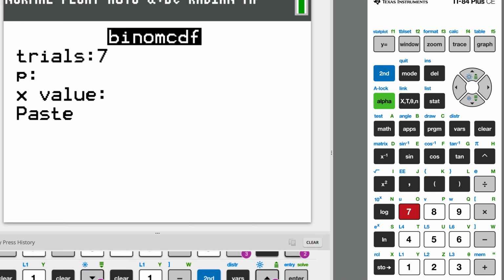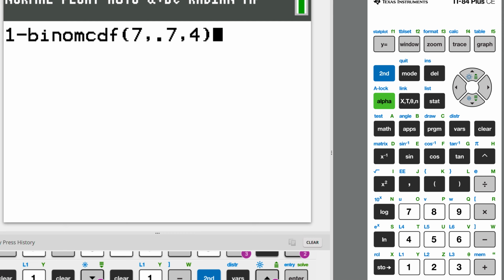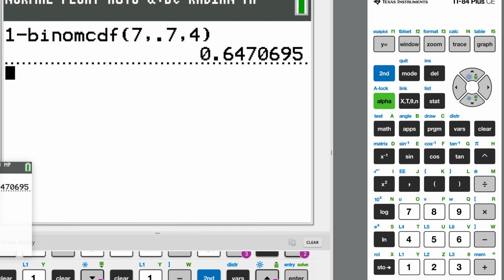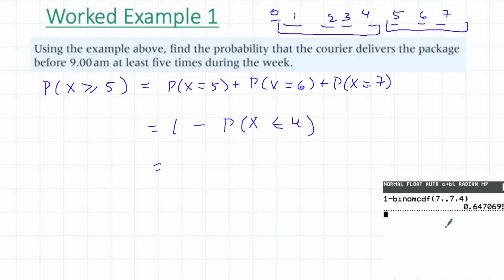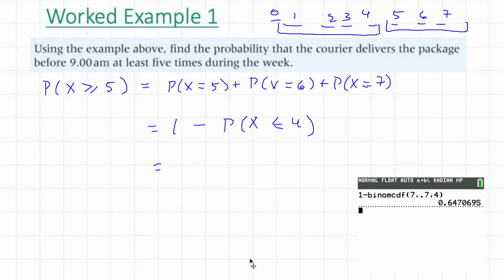I have 7 trials, 0.7 as a success, and I want to calculate up to and including 4. I've already done the subtraction, just make sure that you do the subtraction also. It's going to be 0.647. Or you can do 5, 6, and 7 individually and add them up. You can do that if you have time, just to double check that your answer is the same.